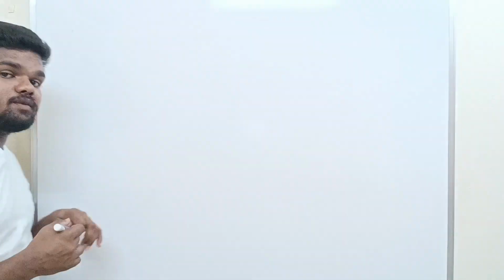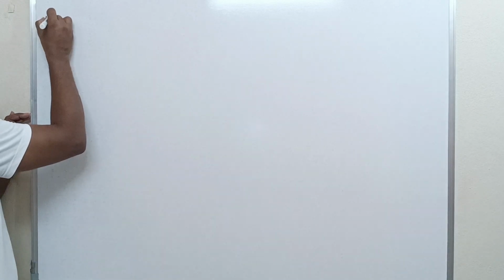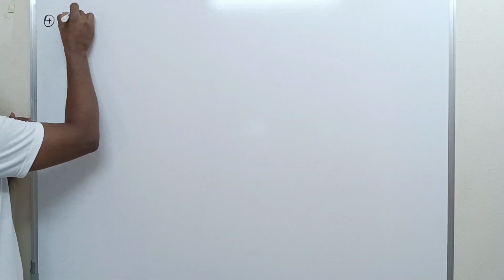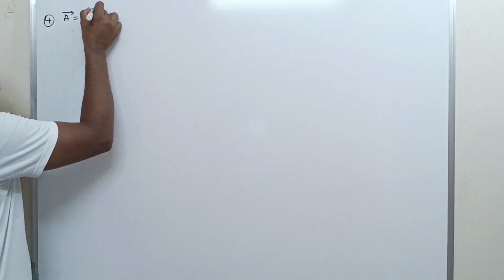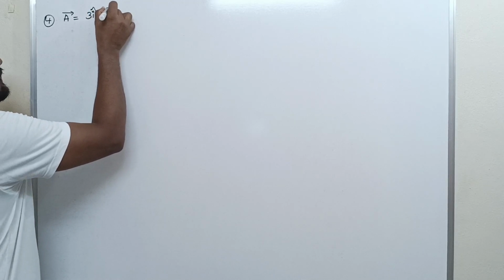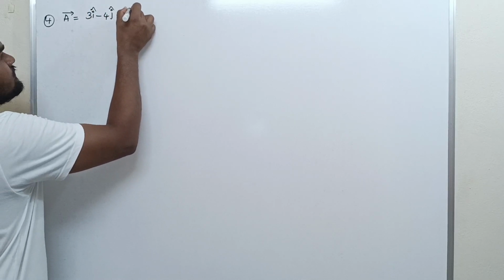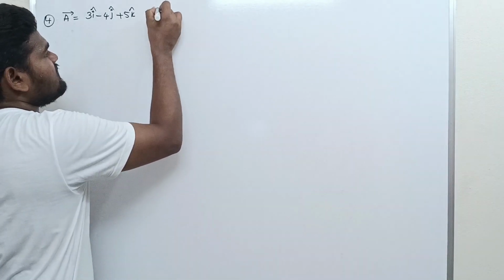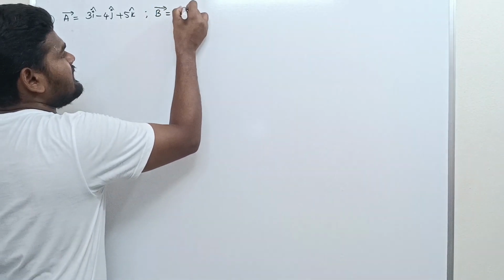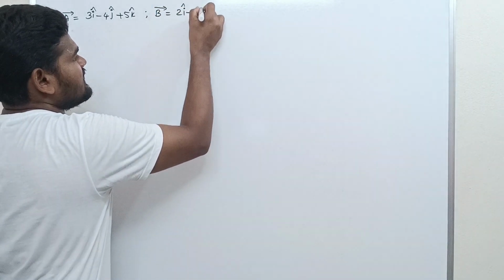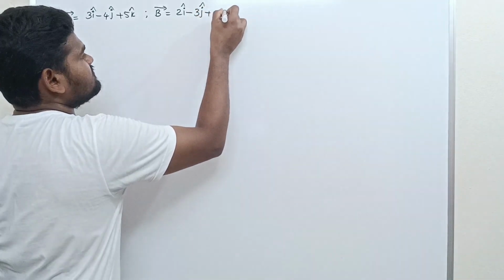So let us see the fourth problem. They are given the vector a bar equal to 3 i cap minus 4 j cap plus 5 k cap, and the vector b bar equal to 2 i cap minus 3 j cap plus 4 k cap.